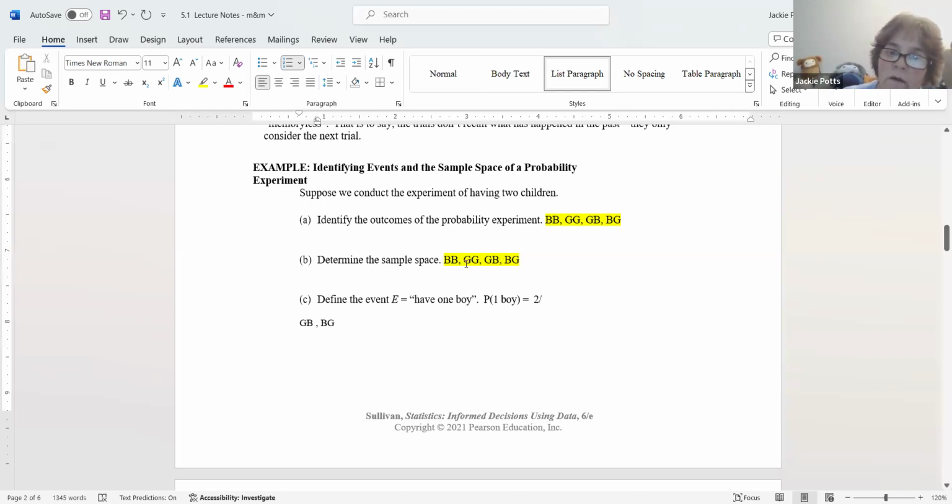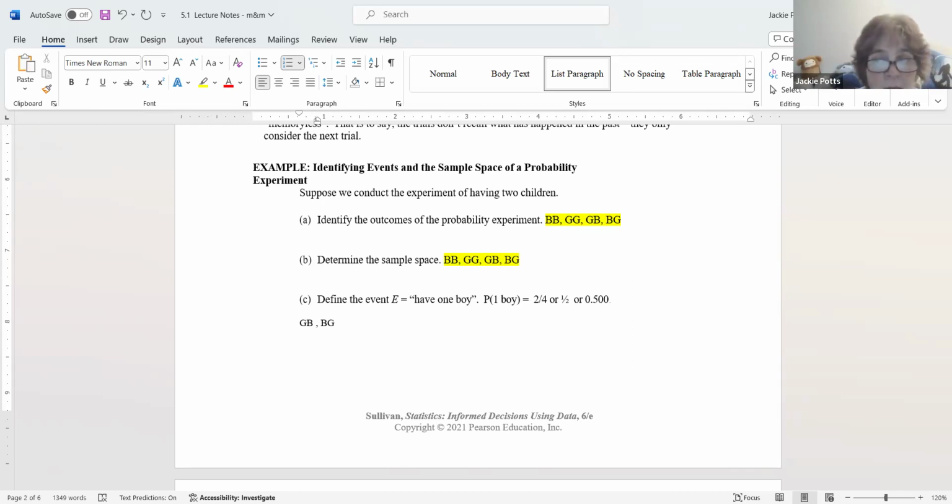Well, 1, 2, 3, 4. Or 1 out of 2, you really should reduce. Or 0.500, 3 places, please.